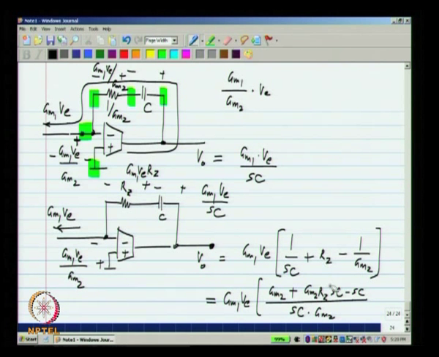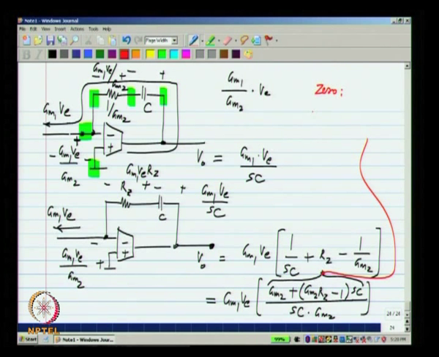So, I will write this as GM2 RZ minus 1 times SC. So, the numerator there is a 0, and the 0 is at GM2 divided by GM2 RZ minus 1 times C, and the negative of that one.